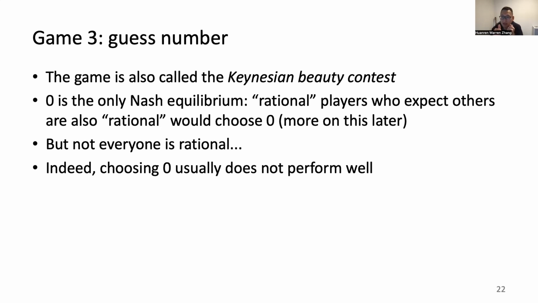Now, the game theoretical analysis of this game can show that 0 is the only Nash equilibrium. We have not introduced the concept of Nash equilibrium, though I know a lot of you understand it from a game theory course. The Nash equilibrium just indicates that rational players who expect others are also rational would always choose 0. So can any one of you tell me why 0 is the Nash equilibrium, or, say, the predicted outcome by game theory?